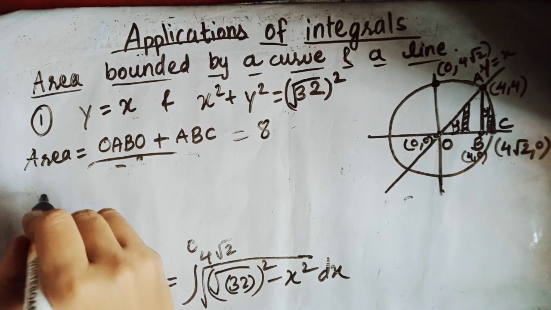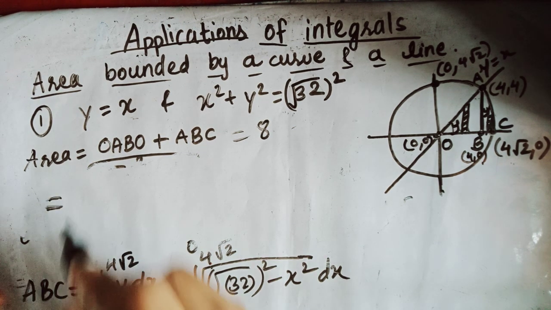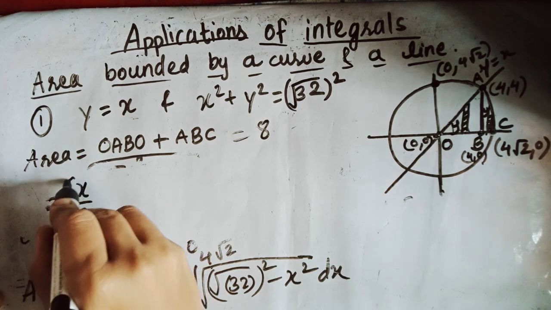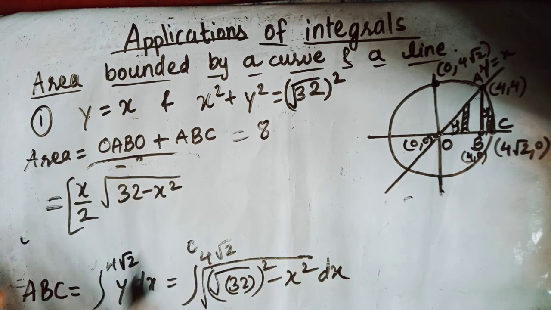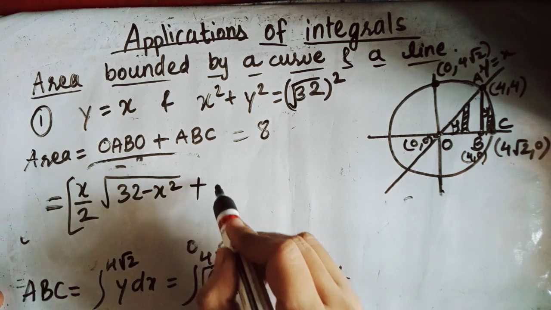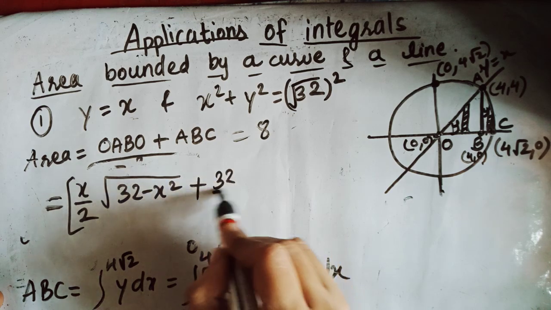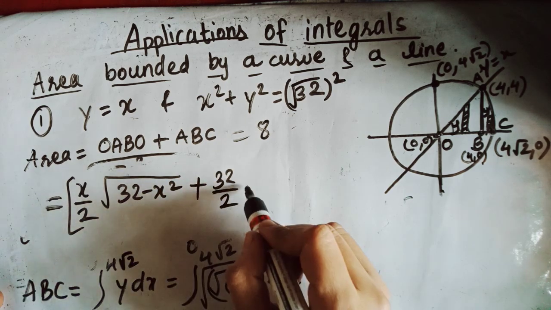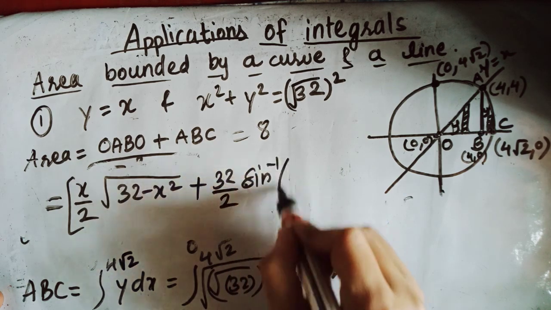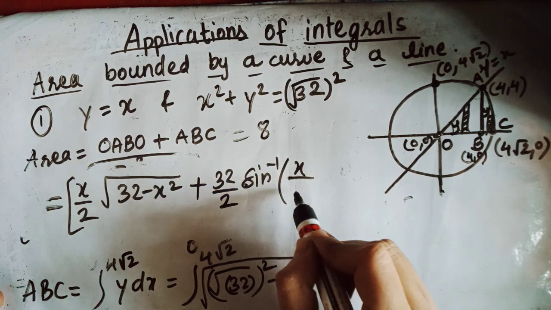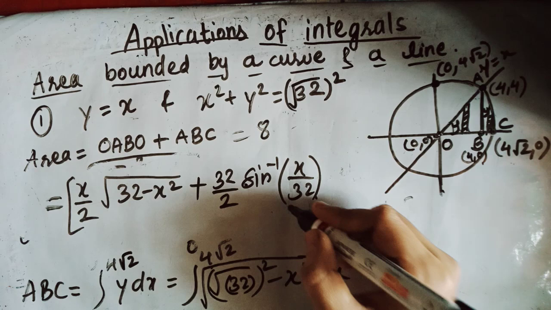So using the standard formula, this becomes x by 2 root of 32 minus x square plus a square, that is 32 by 2, sine inverse x by a, where a is root 32.